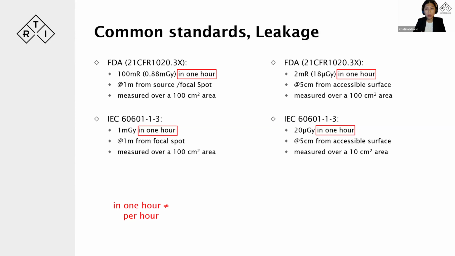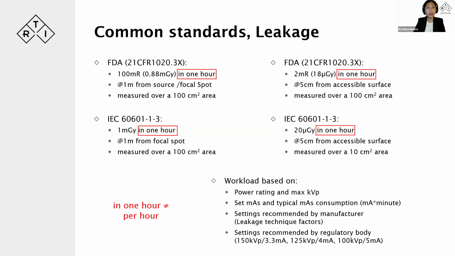So the values need to be normalized when we do the measurements for tube leakage. The values need to be normalized to what is plausible in 1 hour. So we do the workload calculation based on power rating and max KVP, set mass and typical mass consumption.